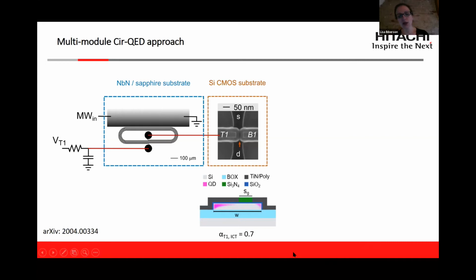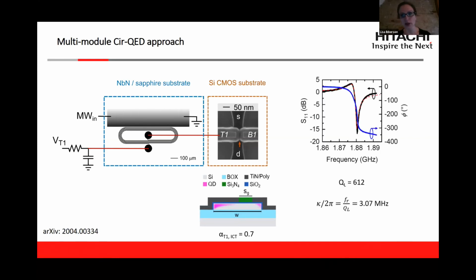This leads to a larger capacitive coupling between the top gate electrode and the double quantum dot, which leads to a larger value of alpha, the gate coupling factor. We can study the properties of the resonator by measuring the reflected signal with the CMOS device grounded. And we measure a resonant frequency of about 1.88 gigahertz.